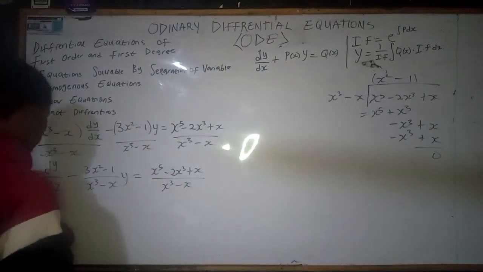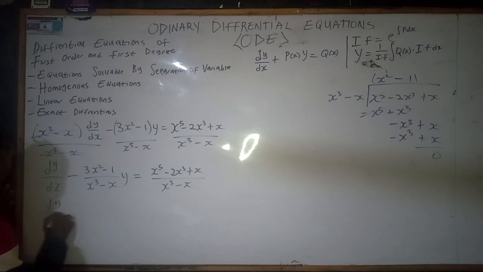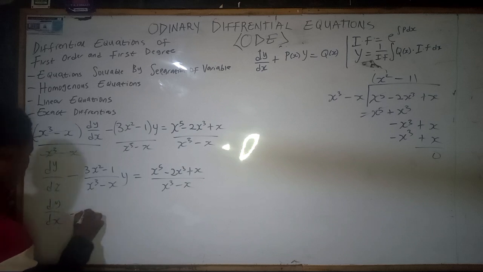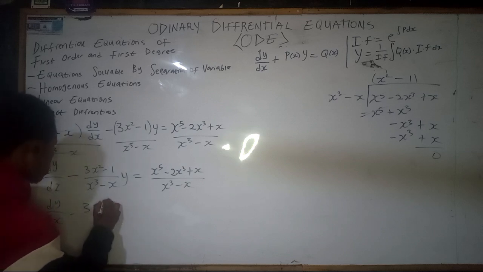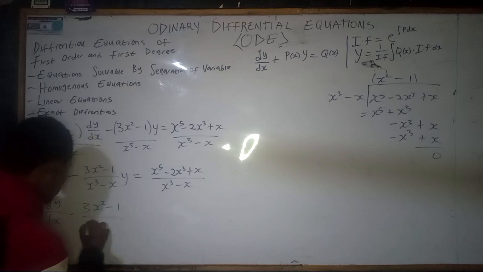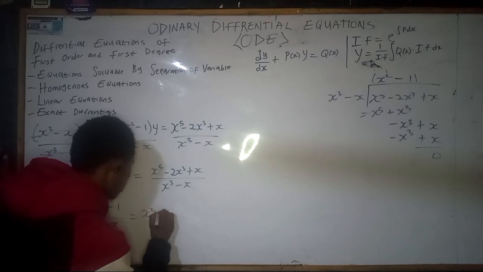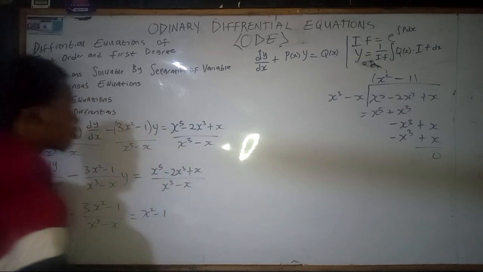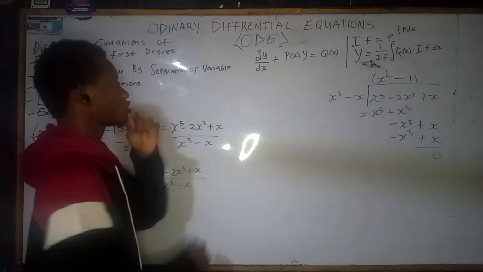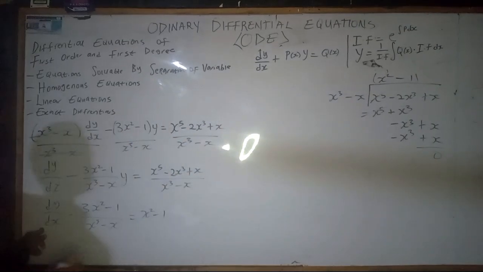So therefore, we are going to be having dy/dx minus (3x squared minus 1) over (x cubed minus x) times y is equal to x squared minus 1. So now if we look at this equation here, we have identified dy/dx as this.